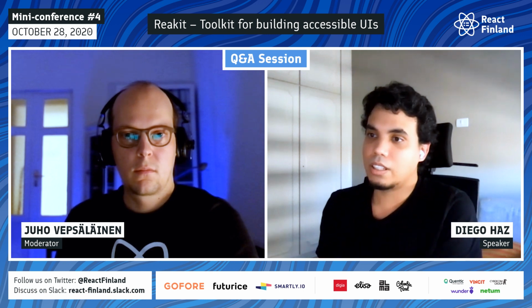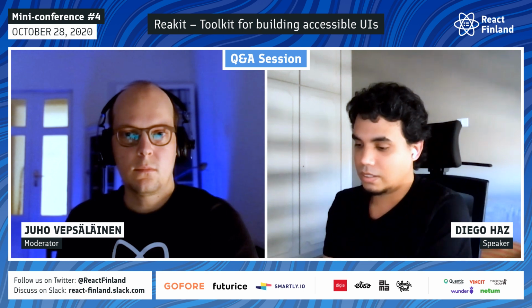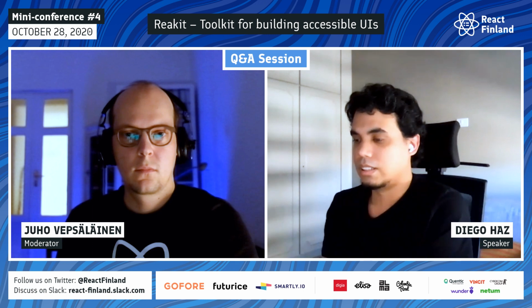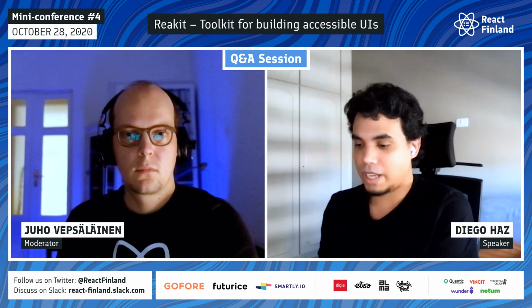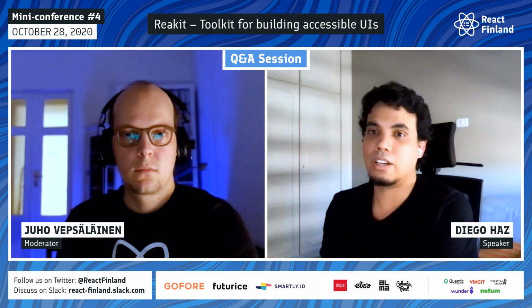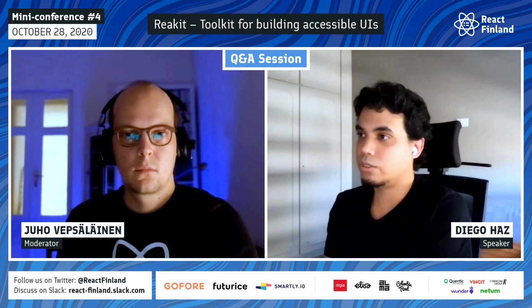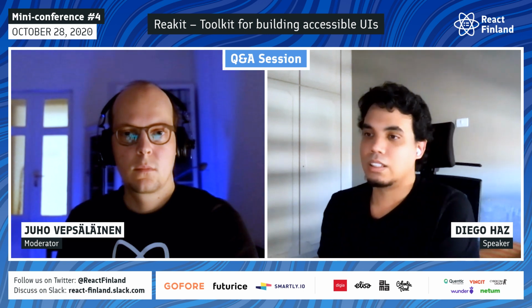Well, I think you can use some software like axe, and there are packages for Jest and others, and also in the browser you can use the Chrome DevTools to check.